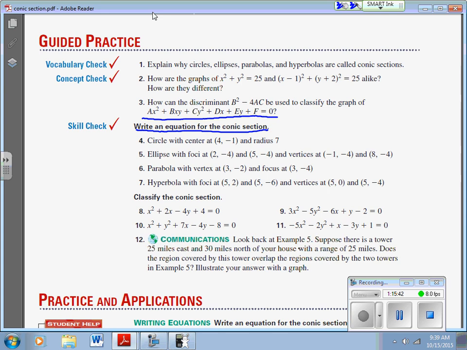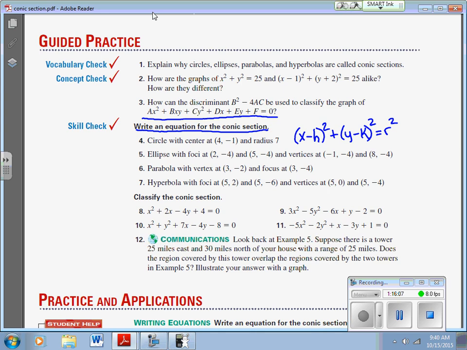Find circle. So circles say x minus h squared plus y minus k squared equals r squared. Is that correct? Yeah? Okay.